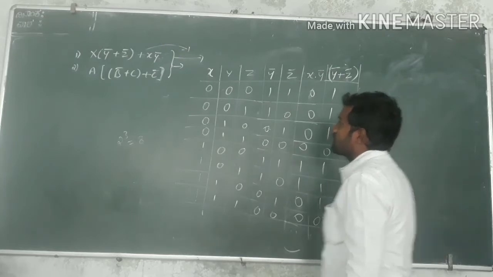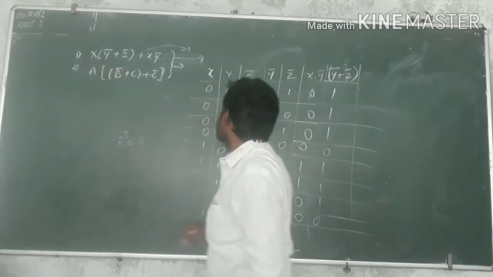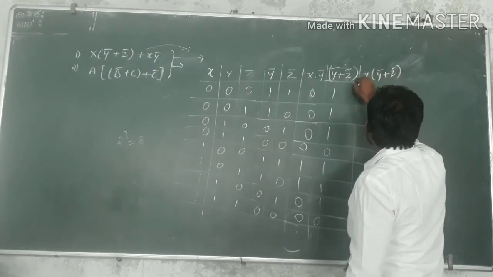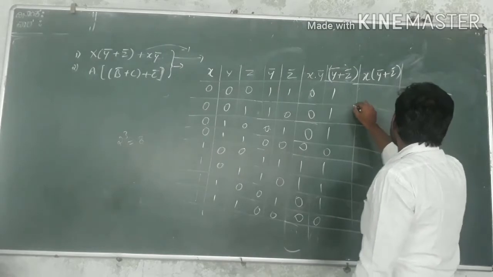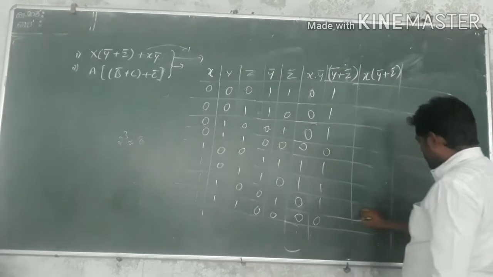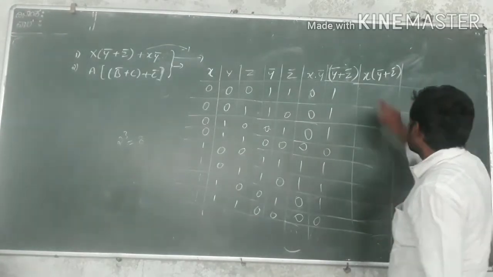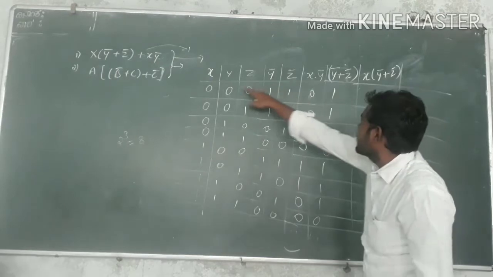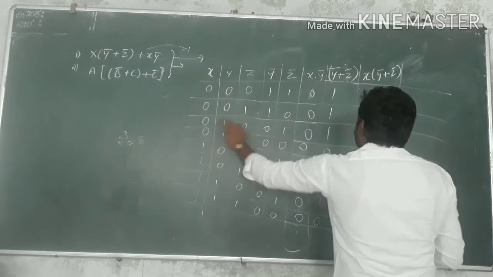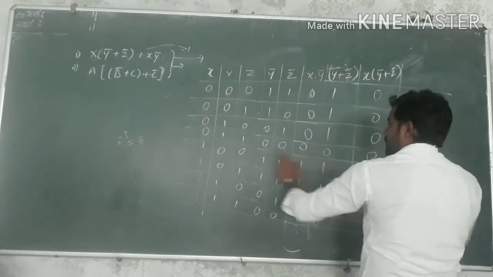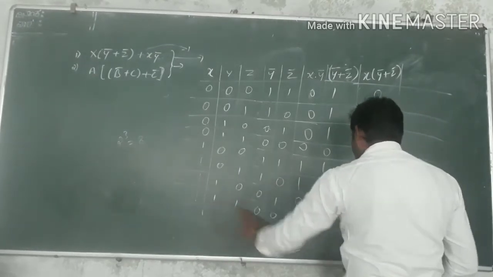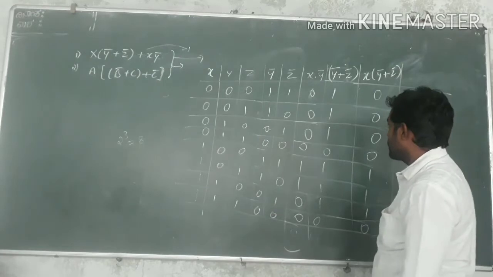Next, finding x into the whole term of y complement plus z complement. x into this term: 0 into 1 is 0, 0 into 1 is 0, 0 into 1 is 0, 0 into 0 is 0, 1 into 1 is 1, 1 into 1 is 1, 1 into 1 is 1, 1 into 0 is 0.